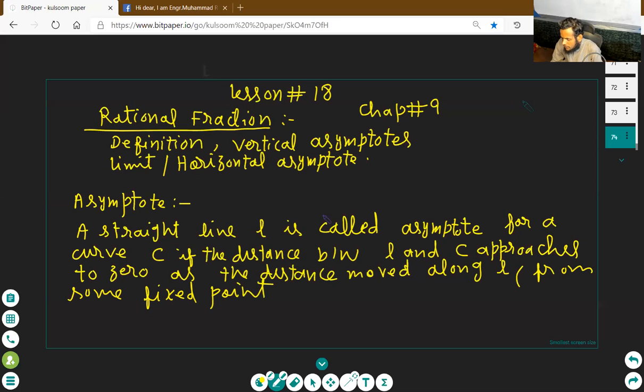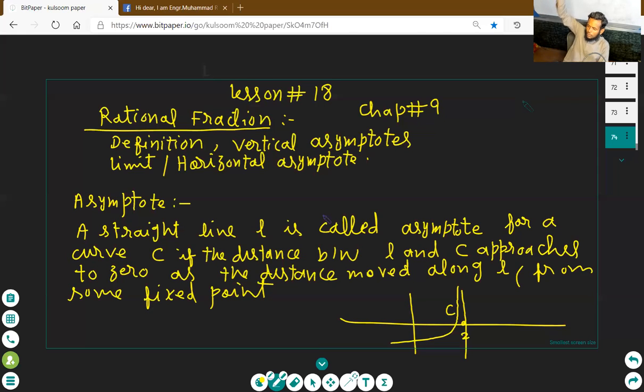Now, for example, this is our x. This is 2. And this is the curve C. If we move the curve to infinity, along L, then the distance between this asymptote and the curve becomes zero.